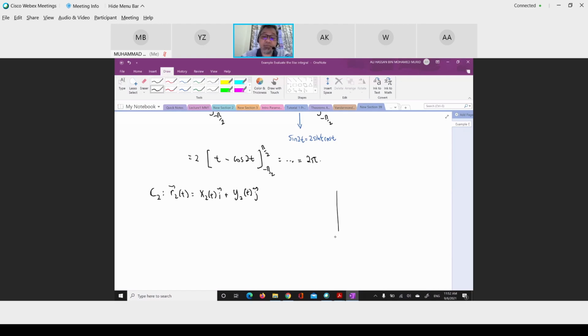If you recall, this is the line segment C2. What is the parametrization of a line segment here? Clearly, x(t) is 0, right? Because it is on the y-axis, so it is 0.